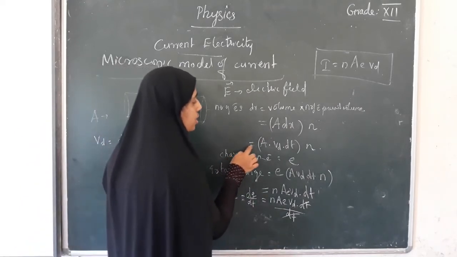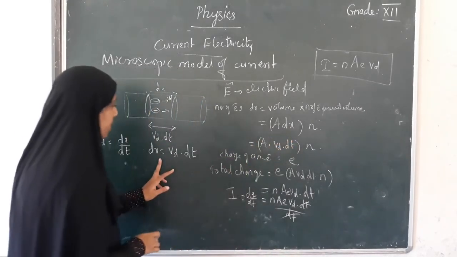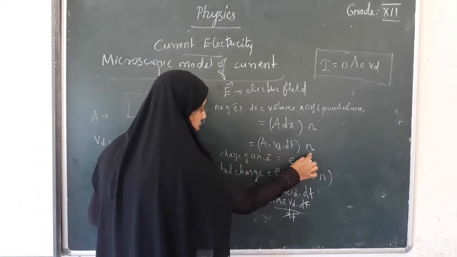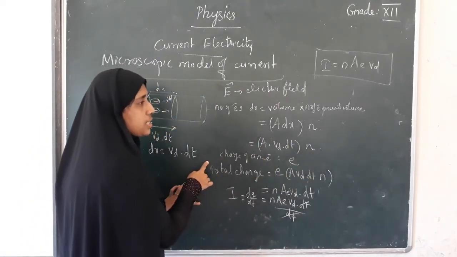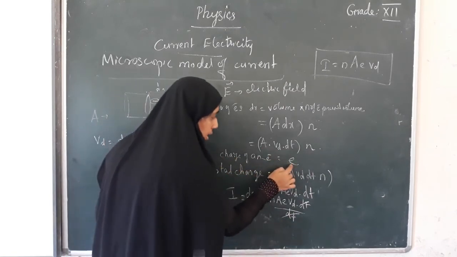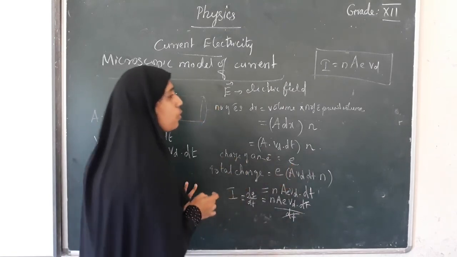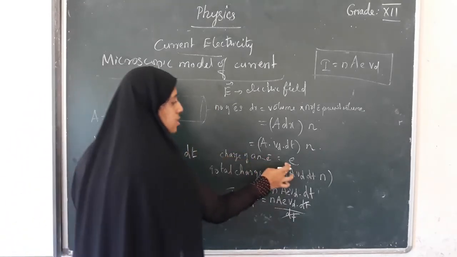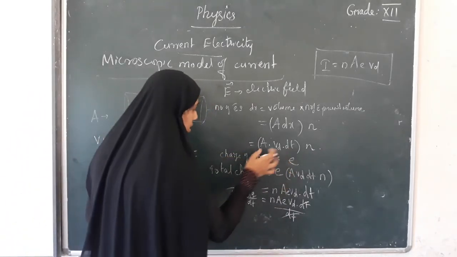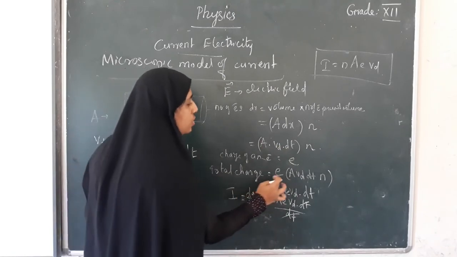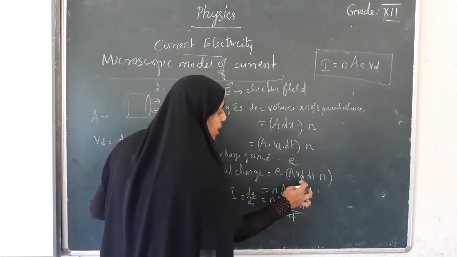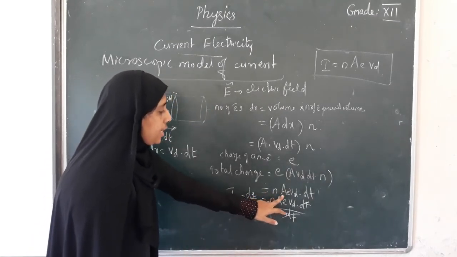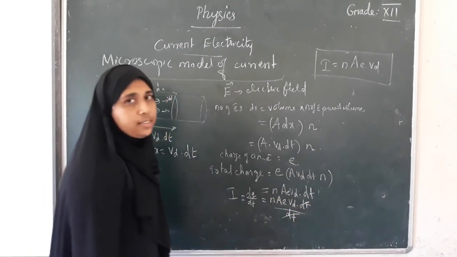Substituting the value of dx, we can write A Vd into dt into n. Now, the charge of an electron is e. So, the total charge is e into A Vd dt into n, so we can write n A e Vd into dt.